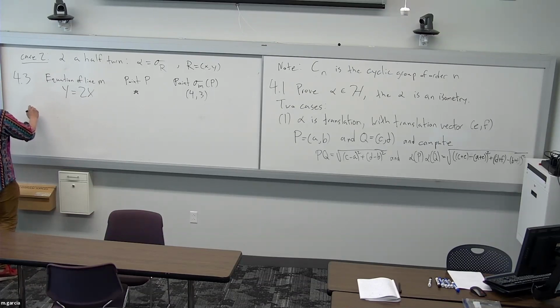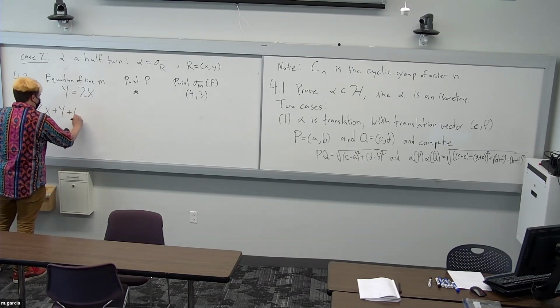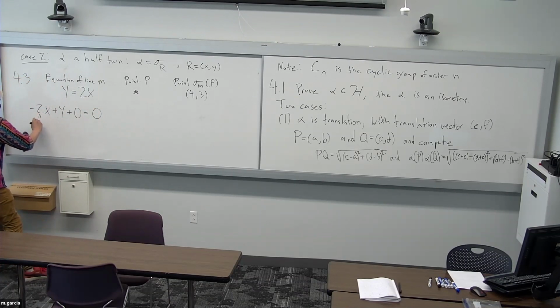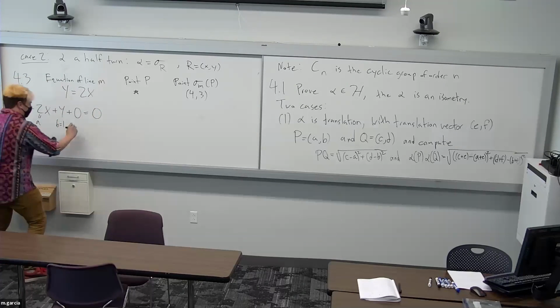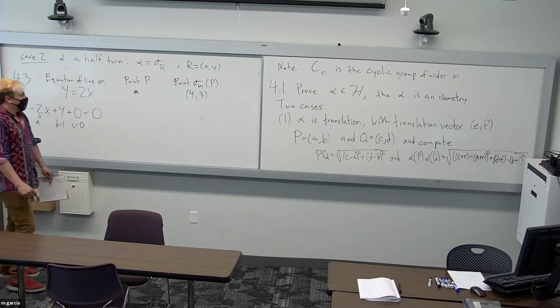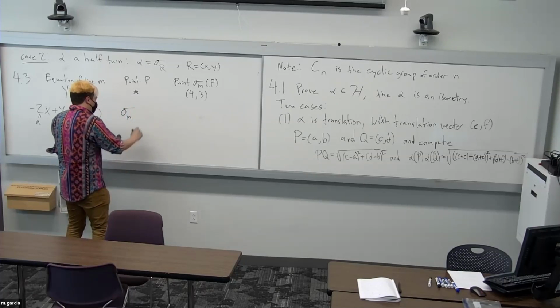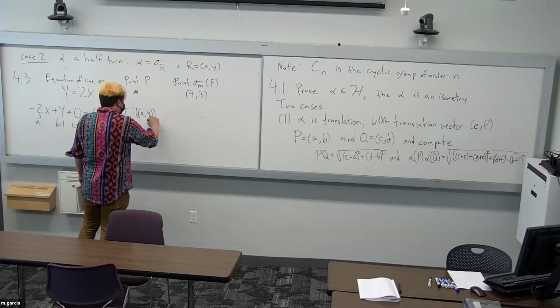This is negative 2x plus y plus 0 equals 0, right? So this is a equals negative 2, b equals 1, c equals 0. And what's the equation for our reflection?